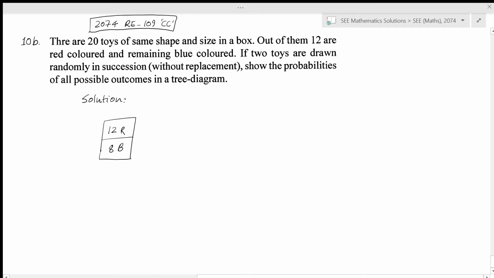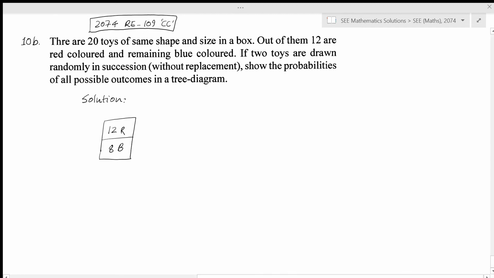If two toys are drawn randomly in succession without replacement, it means one toy is drawn and kept somewhere else, not back in that box. So if one toy is drawn, then the total number of toys left in the original box will be 19, because one is already taken out, right?